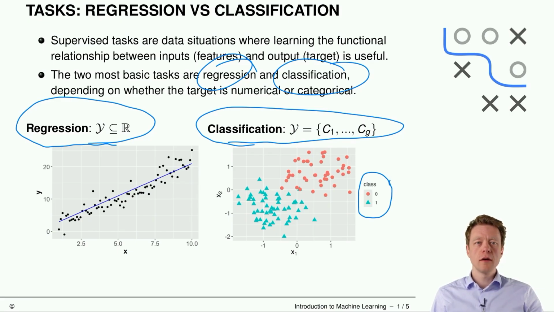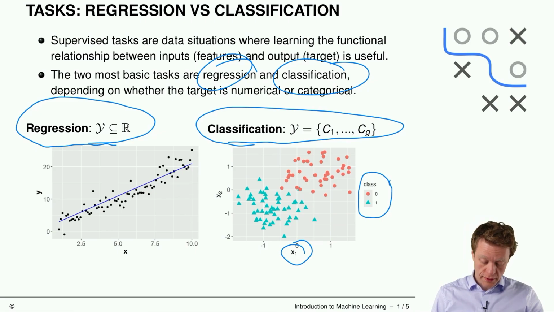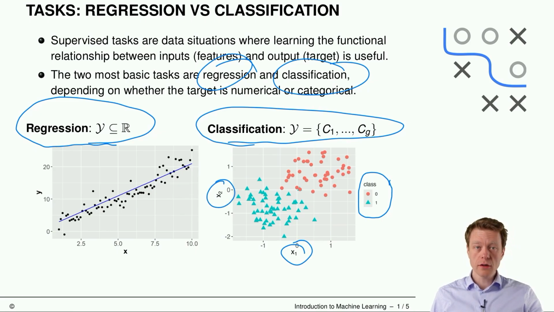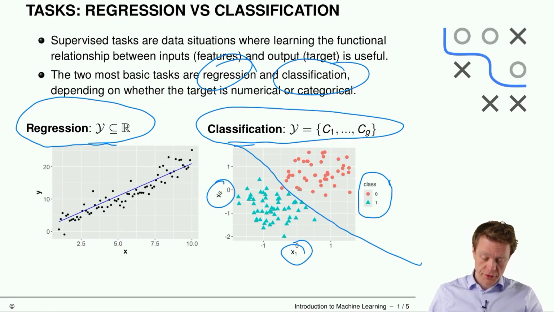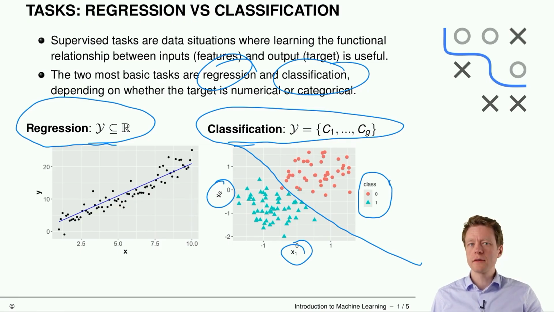So here we have two features, x1 and x2, and a lot of data points. And what we try to learn is a model that is able to differentiate between these two classes. So this could be some linear model, like here, for example, a logistic regression, which you will see later, but it could also be a nonlinear model, and also this will be treated later.